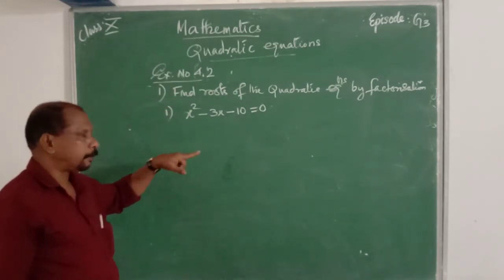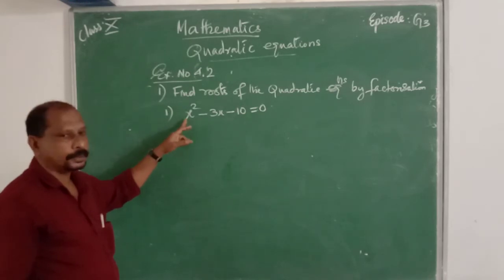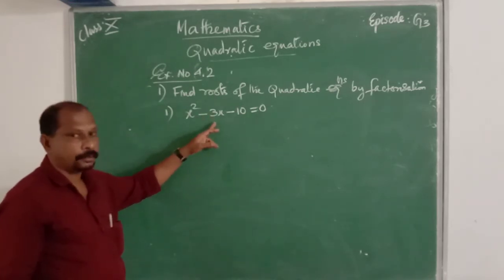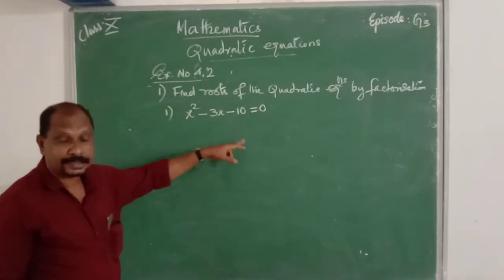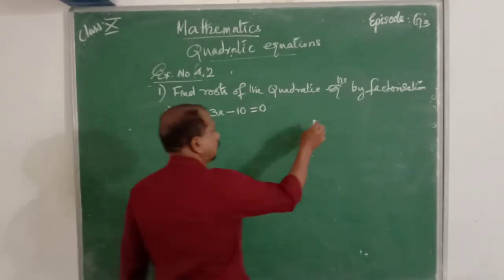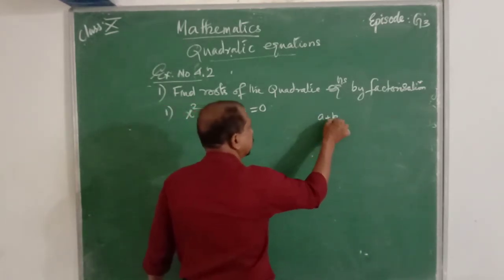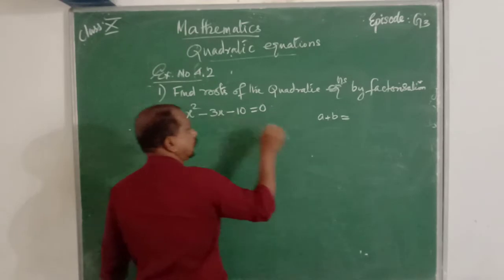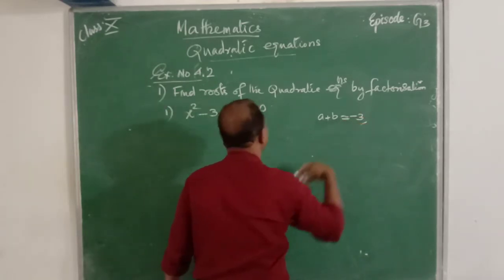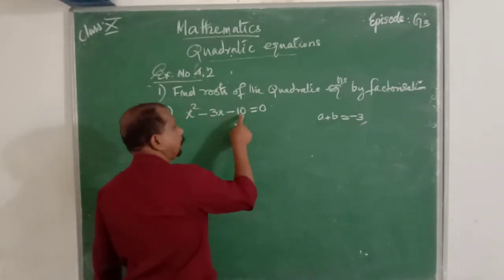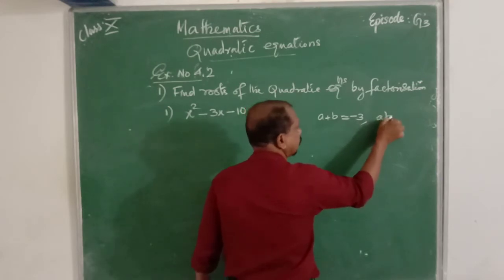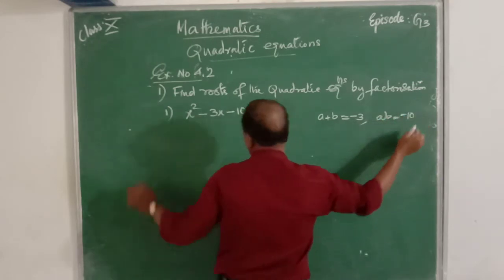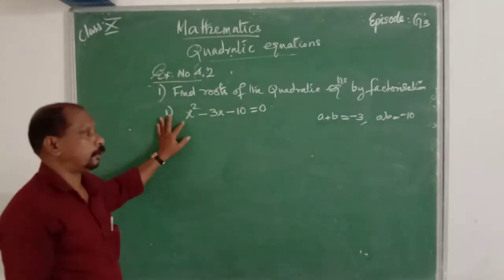In the factorization method, this is x square plus (a plus b) x plus a into b, which implies that a plus b is equal to minus 3 and a into b is equal to minus 10, because the coefficient of x square is 1.